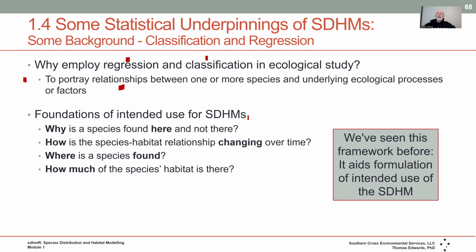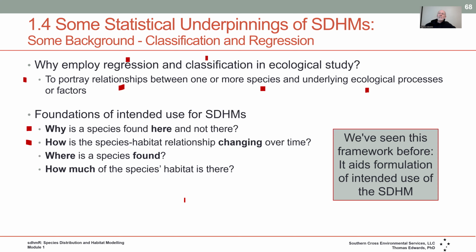Again, we're trying to ascertain or portray relationships between a species and underlying ecological processes. Or at least I am, in this class, trying to motivate how you employ these particular classifications based on these four foundations of intended use. Why is a species here and not there?